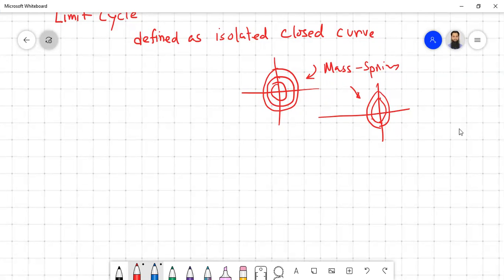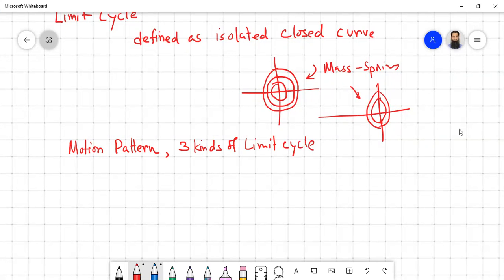Depending on the motion patterns of the trajectories in the vicinity of the limit cycle, they are classified into three kinds of limit cycles. So based on motion pattern, there are three kinds of limit cycle.